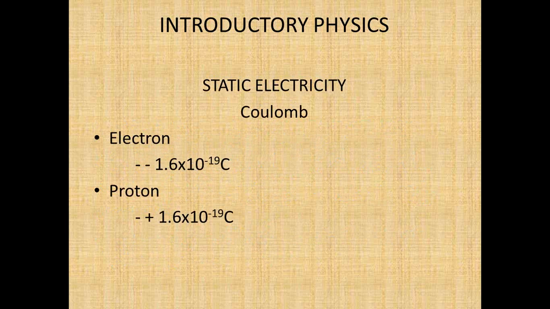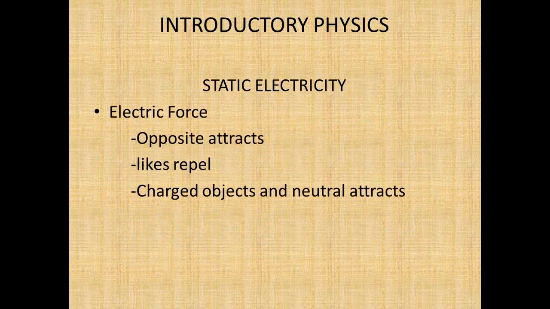Remember, an electron is extremely small material, and the charge on 1 electron is minus 1.6, because it's negative, times 10 to the power minus 19 coulomb. And these are numbers that you have to know. And then the proton has a charge of positive 1.6 times 10 to the power minus 19 coulomb. Very important. So what we're going to do, we will do a few questions so we fully understand these concepts.